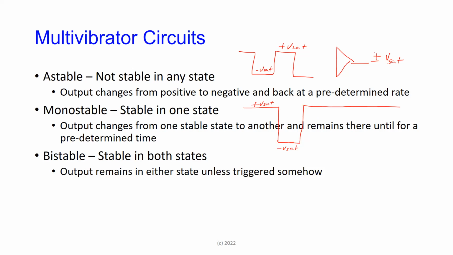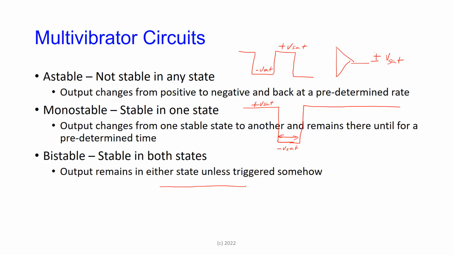So unless you do something, it always stays in one of these two states, either you could design it to stay in plus VSAT or minus VSAT. But when you do something, it will go into the unstable state, which is this one, stay for some time, and then come back out. And then the bistable stays. If it's in plus VSAT, it will stay there indefinitely.